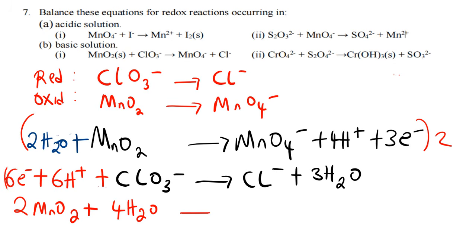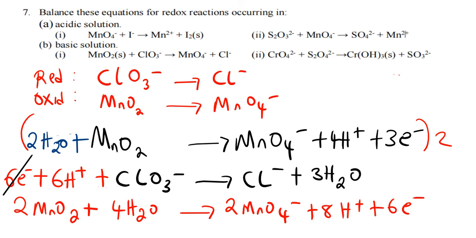On the other side, it will be 2 manganese oxide, plus 8H plus, plus 6 electrons. Now that I've got those electrons, you know that the electrons in this case can cancel, right? So I'm going to cancel this one and that one.